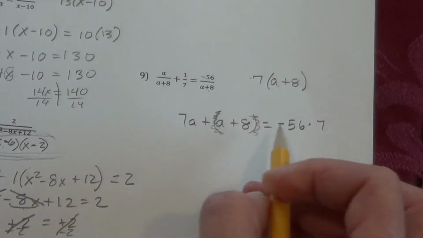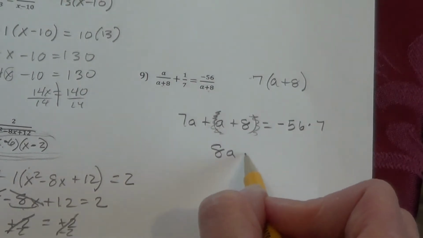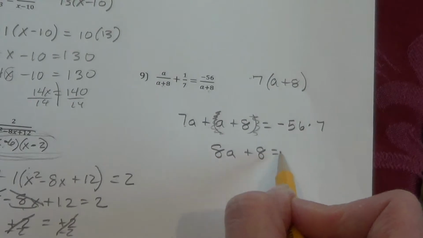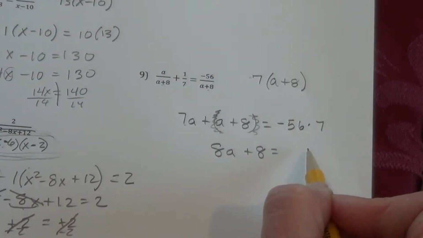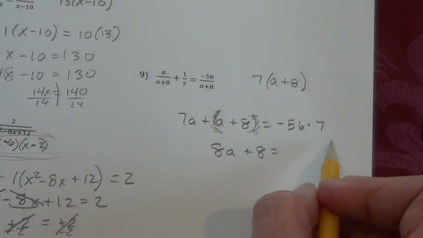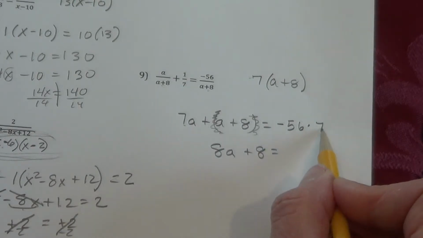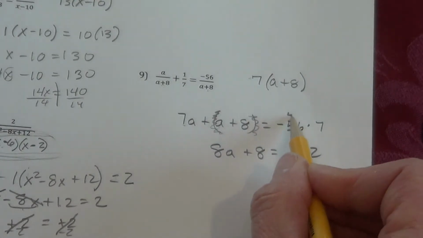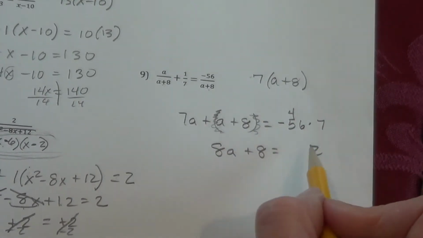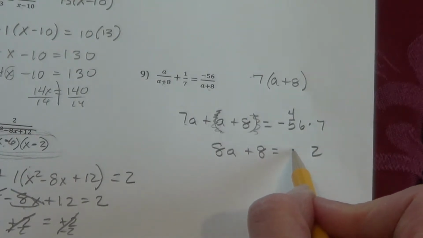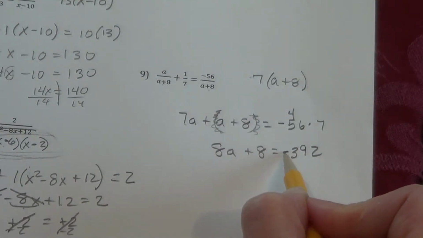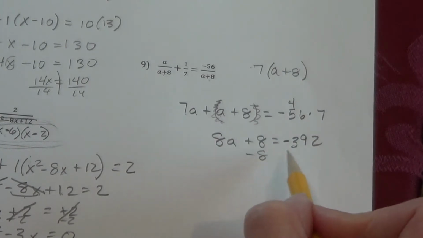So now 7a, and we don't really need the parentheses because it's a plus right in front of it. So 7a plus a would be 8a plus 8 equals negative 56 times 7 would be 7 times 6 is 42. 7 times 5 is 35, plus 4 is 39, so a negative 392. Subtract 8 from each side.